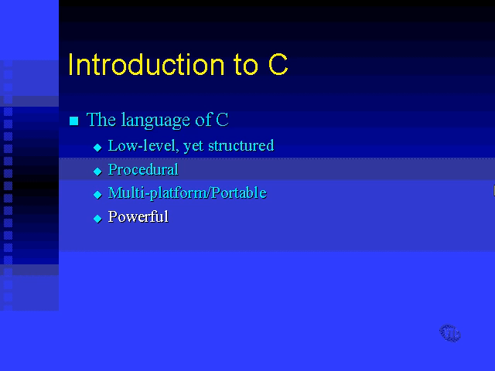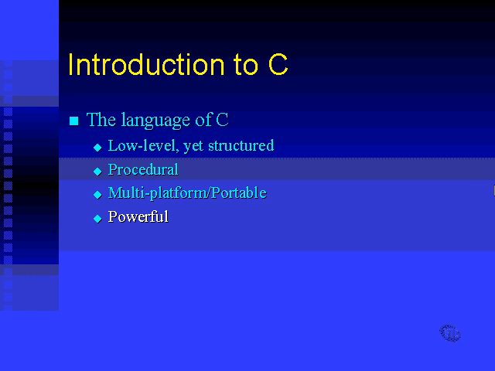C is an incredibly powerful language. In fact, it could almost be said that it's too powerful. It allows the programmer to do anything that the programmer wants that the machine he's working on is capable of doing. You can do anything in C, even if that thing that you're trying to do is not advisable, or even if it's outright stupid.